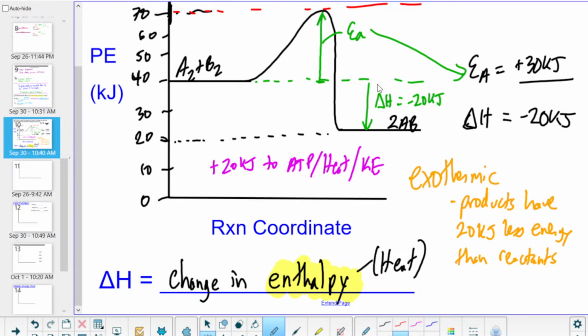And reactions take a certain amount of energy. If something is exothermic, it is always negative, because it had to drop in energy from the beginning to the end.